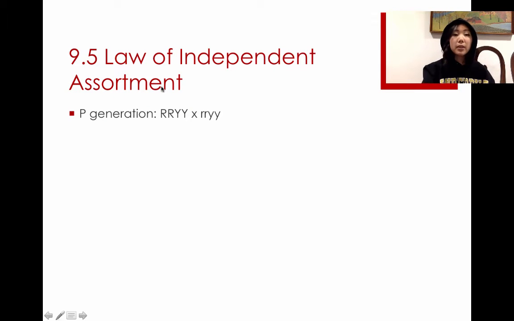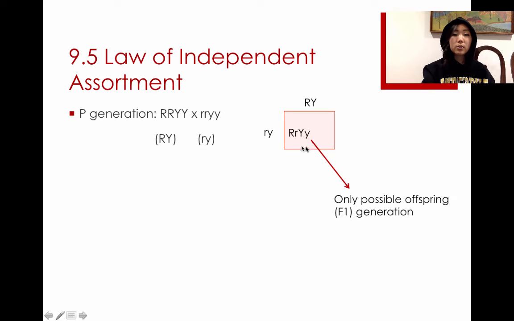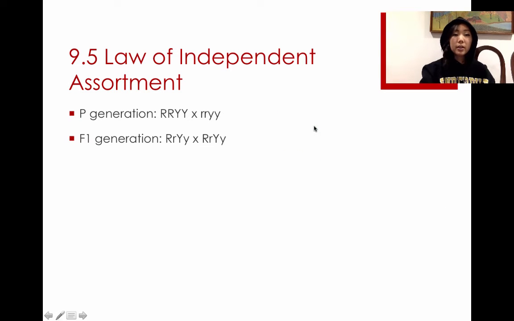So just as a recap, he had the P generation of both being pure true breeds. Remember, this parent here can only donate big R, big Y. That's the only combination. This one can only donate little r, little y. And so when you cross these two, the only possible offspring is a heterozygous offspring. So your F1 generation is heterozygous. And so then he crossed 2 heterozygous offspring in the F1 generation.